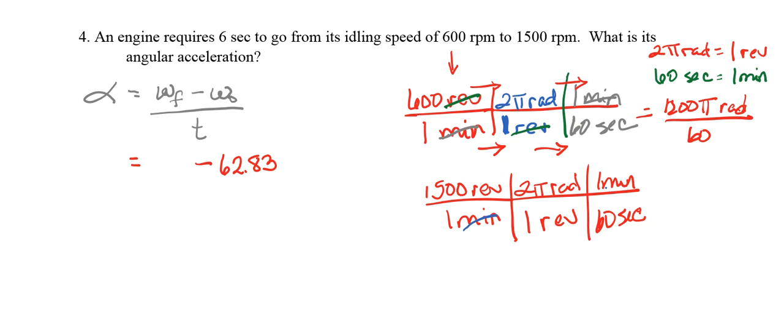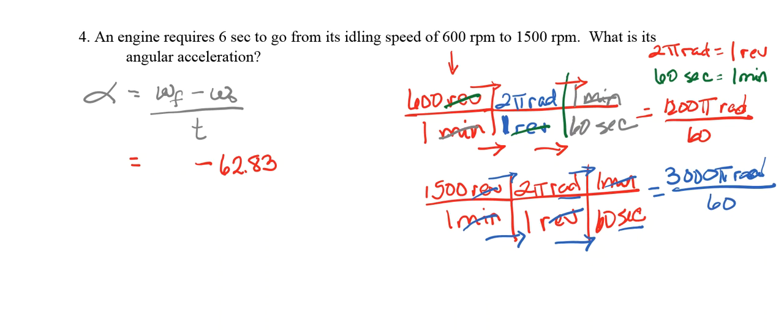That way my minutes cancel and my revolutions cancel, leaving me in radians per second. 1500 times 2 pi times 1 ends up being 3000 pi, over 1 times 1 times 60. 3000 times pi divided by 60 is approximately 157.08. So that was the angular velocity at the end.